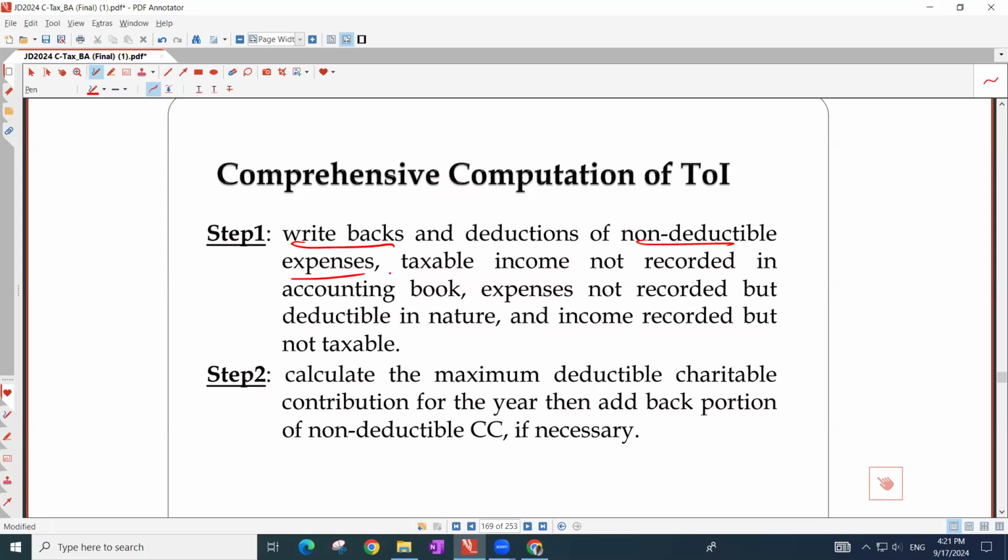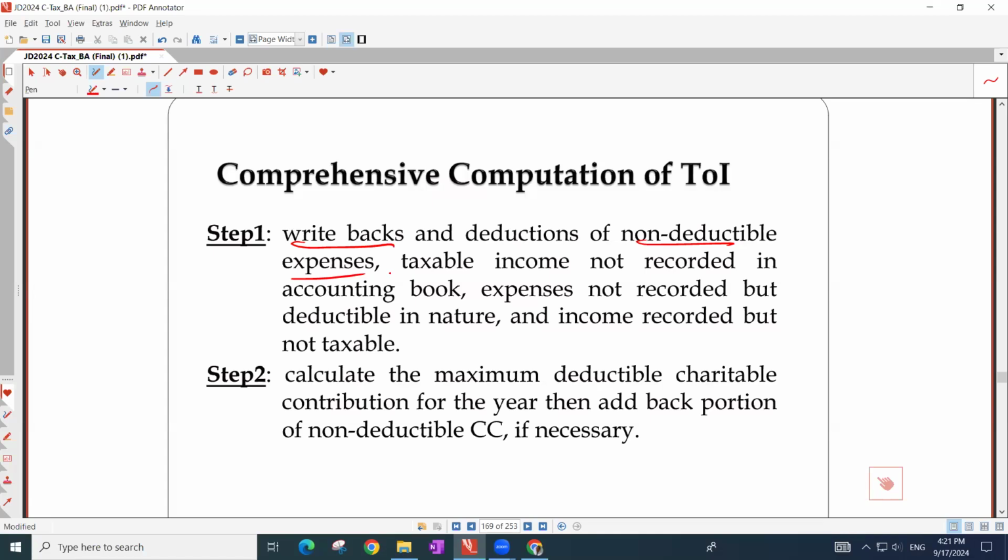Expense not recorded but deductible in nature. We also have to take into account which expense is not recorded but you can claim as a deduction. One of the common ones is tax depreciation. For tax depreciation, we do not depreciate in the accounting financial statements. We calculate it separately, and then we can claim a deduction based on tax.